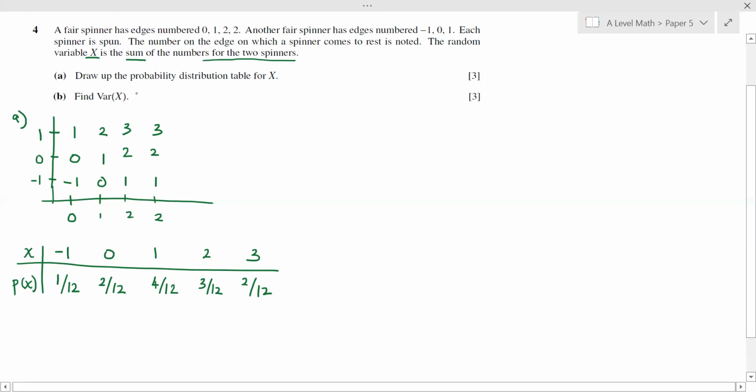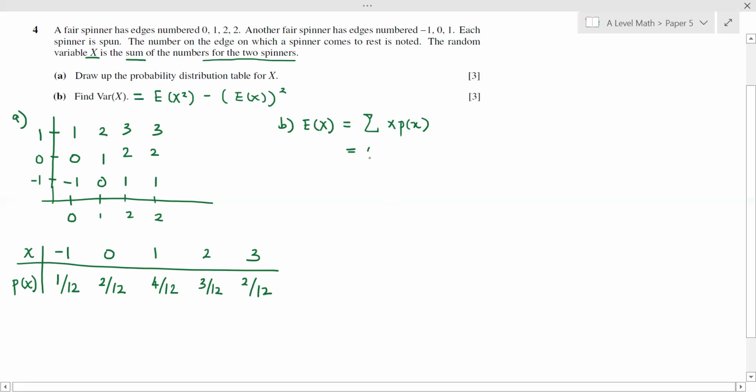To find the variance of x, the variance of x is given by the expected value of x squared minus the square of the expected value of x. So for part B, let's find the expected value of x. The expected value of x is the sum of the product of x and its probability values over all x.